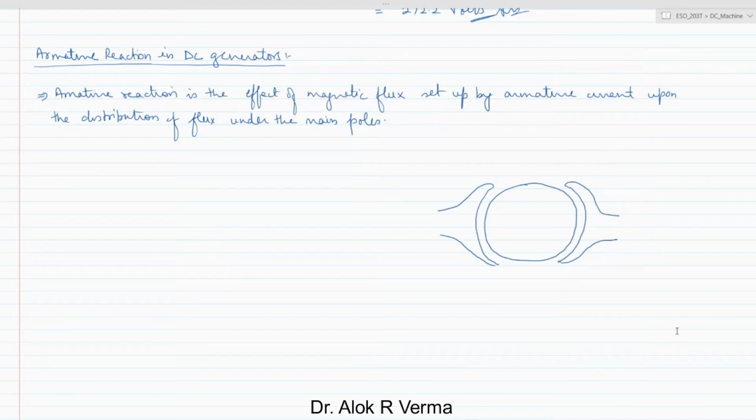So here in case you'll be having two poles, you can get this as a north pole and this is a south pole.